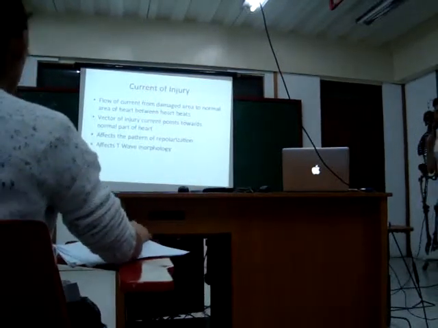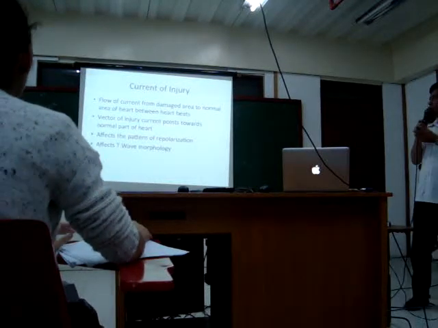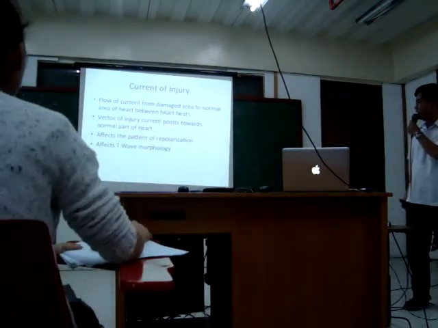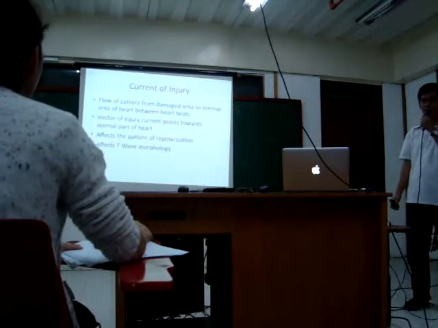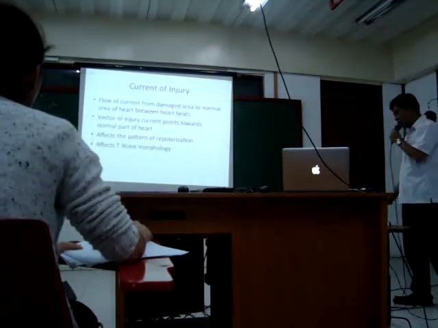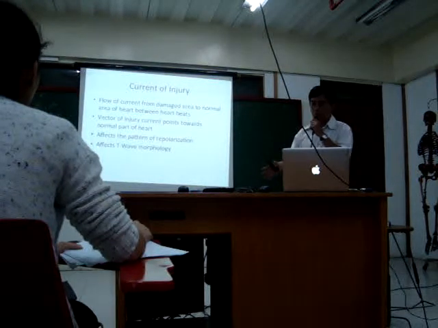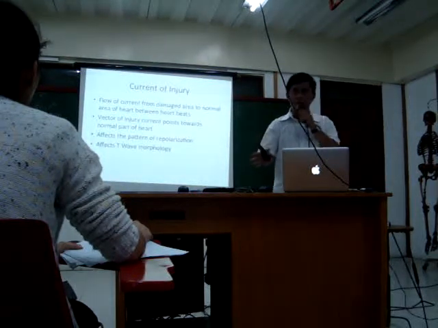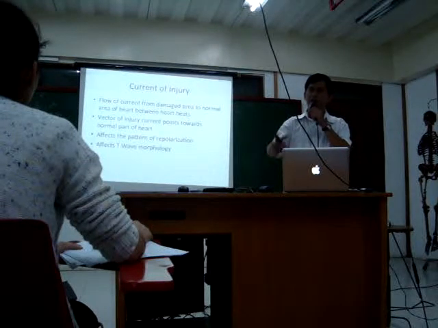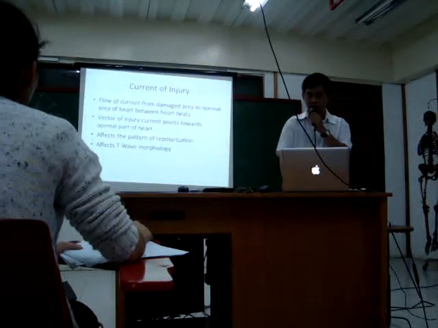What happens here is the vector of the current of injury will point towards the normal part of the heart. In essence, whenever heart muscle dies or is injured, its characteristics change. Therefore, it cannot depolarize and repolarize normally.